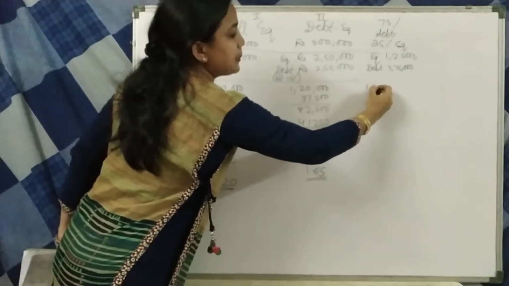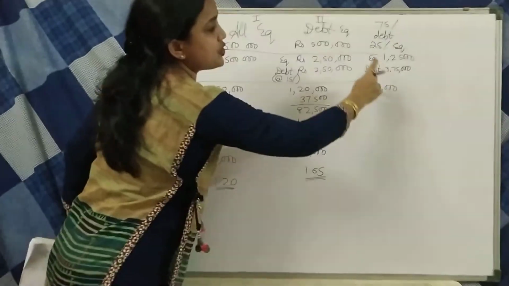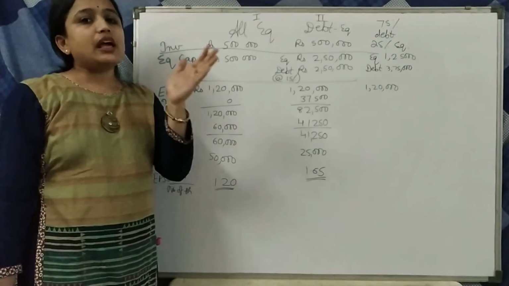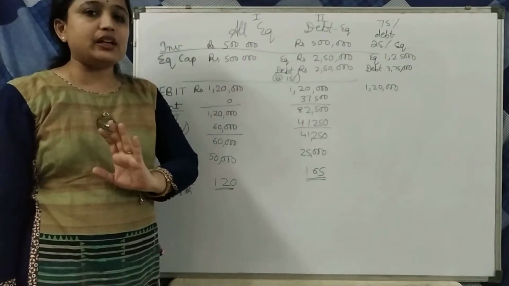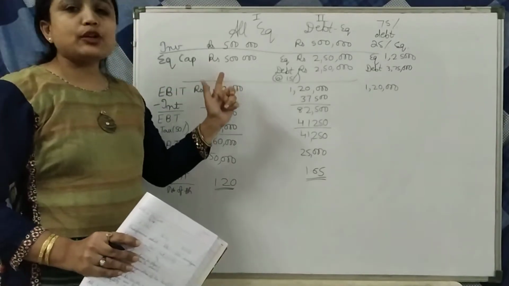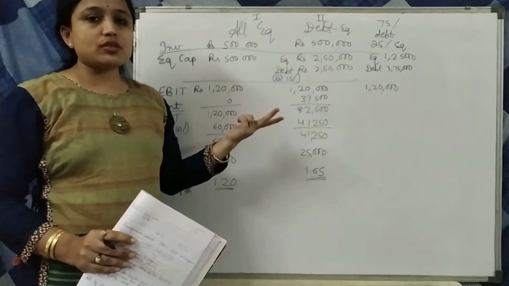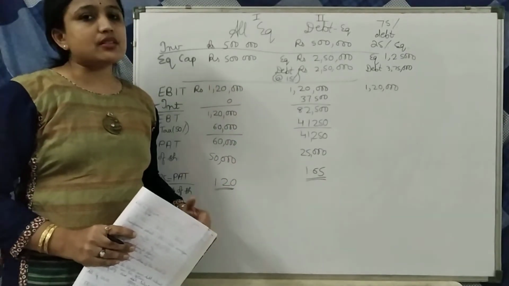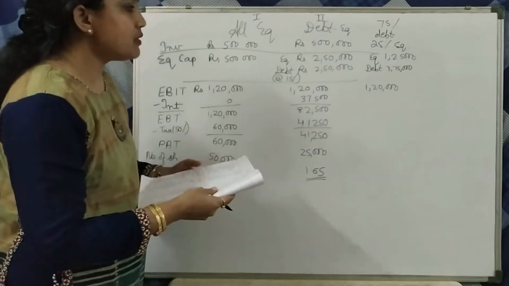EBIT is the same. EBIT doesn't change with your changing capital structure. Now capital structure, as we already know, is a combination of debt, equity or various sources of finance, like equity, debt, debentures, preference shares. Reserves are generally considered as a part of share capital.